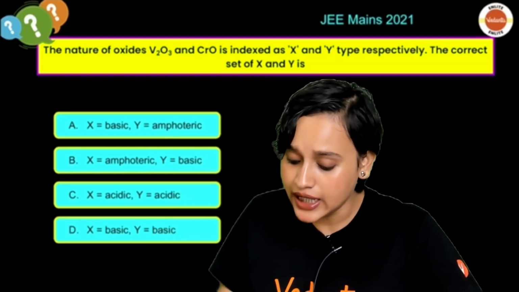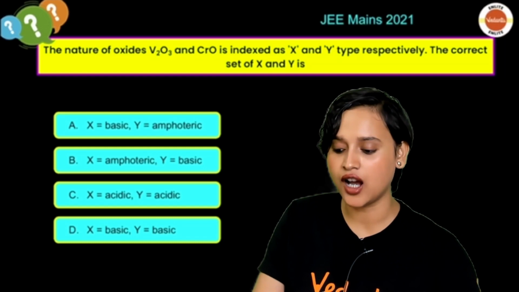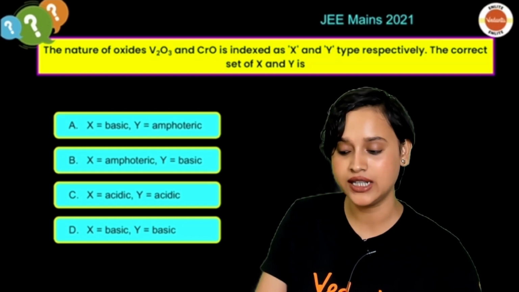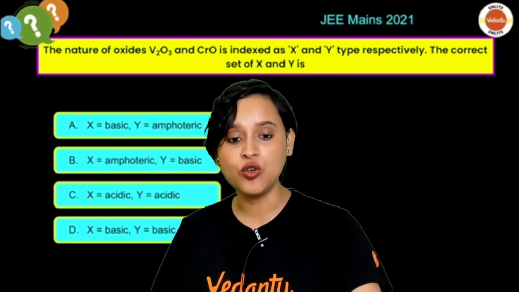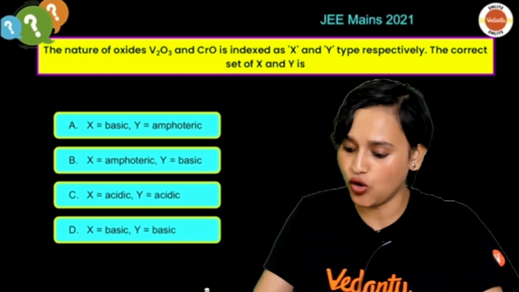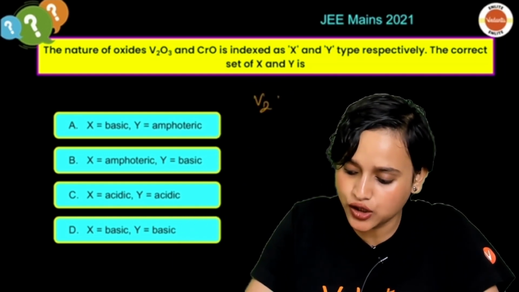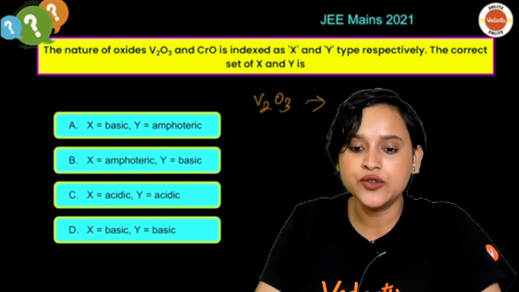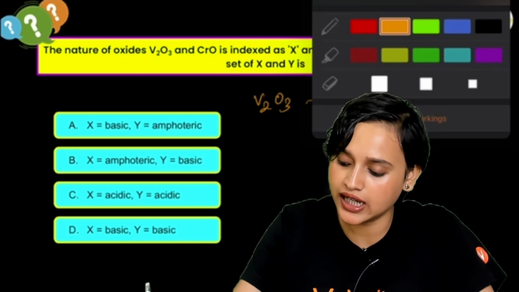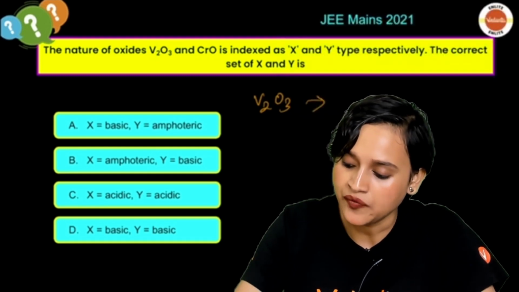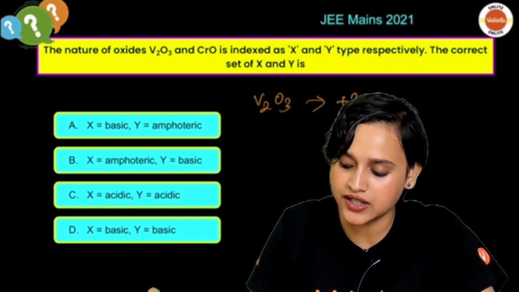The nature of oxides V2O3 and CrO is indexed as X and Y type respectively, and the correct set of X and Y is? In V2O3, vanadium is in +3 oxidation state.